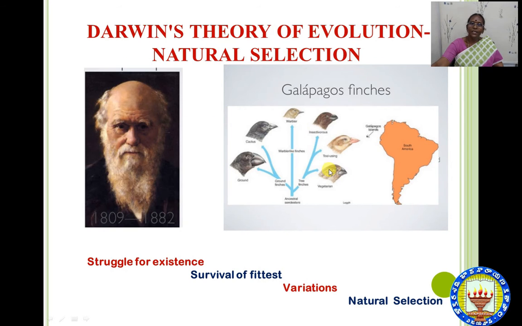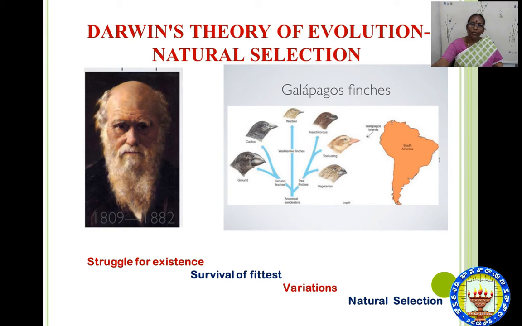And of all the theories of evolution, Darwin's theory of evolution is the most accepted one, which is based on natural selection. Darwin visited the Galapagos Islands for 5 years and observed the finch birds in these islands.